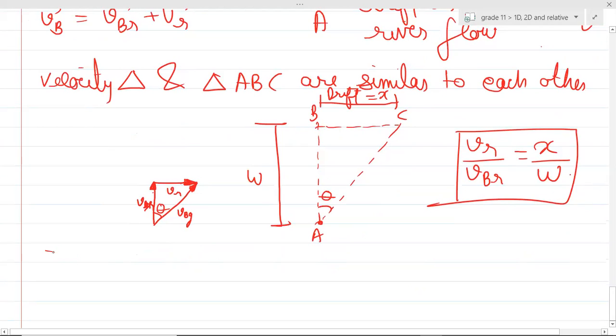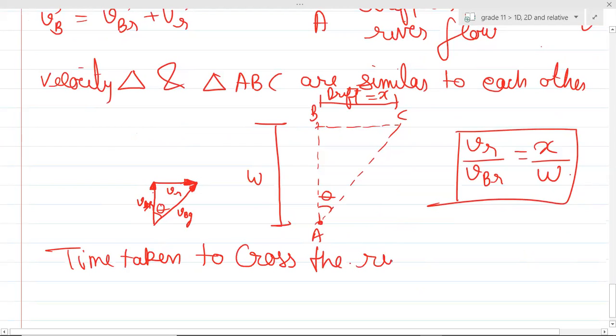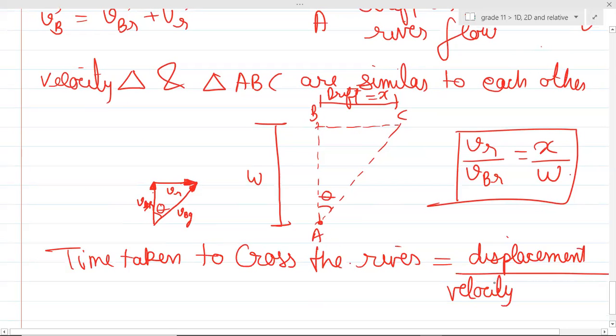Acha. The time taken to cross the river will be the same whether you observe from the ground frame or from the river frame, doesn't matter. Time taken to cross the river will be basically equal to displacement upon velocity in the direction of displacement.